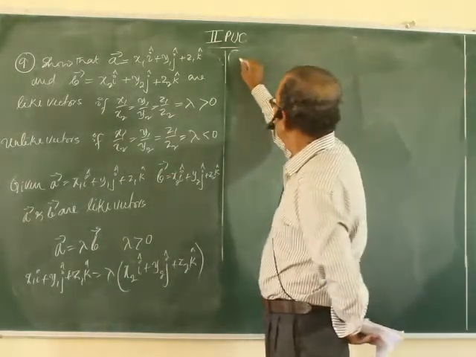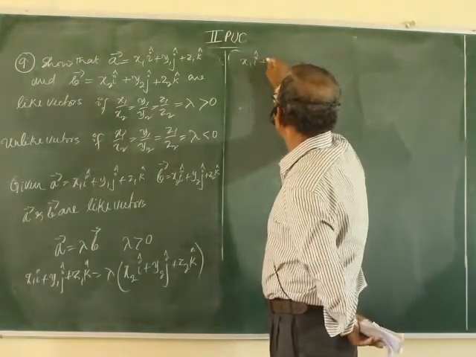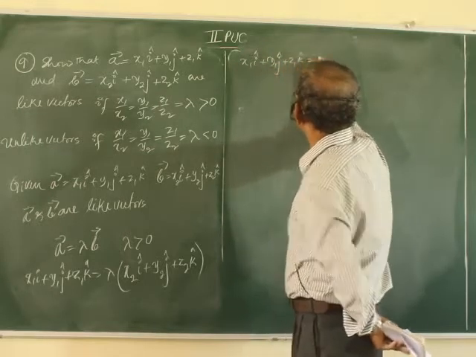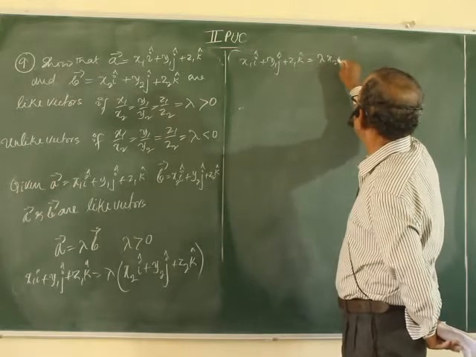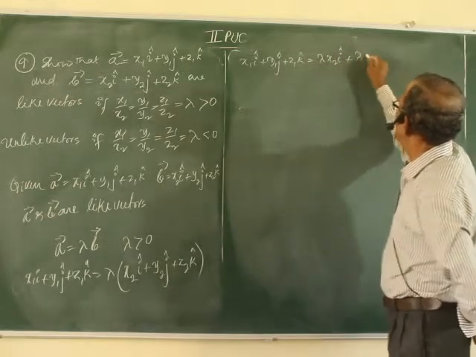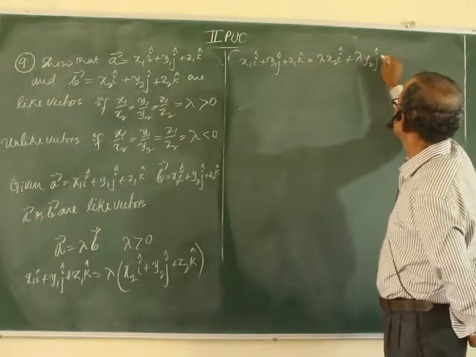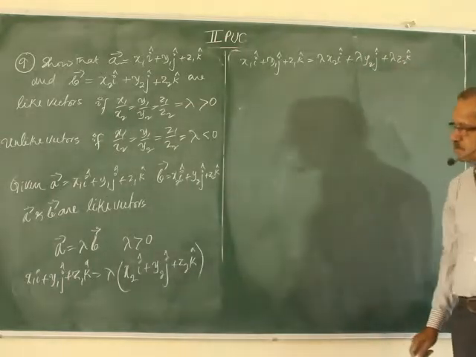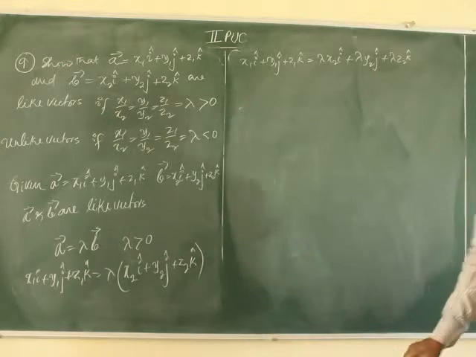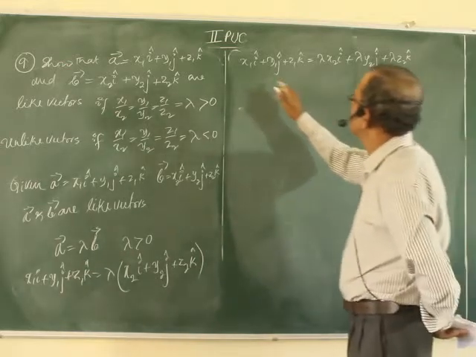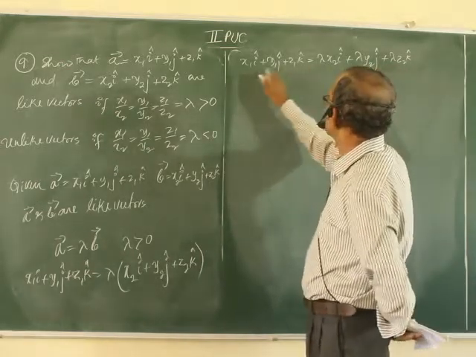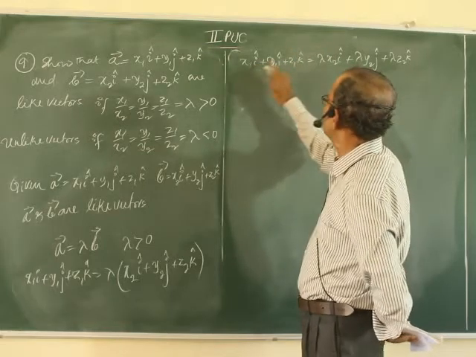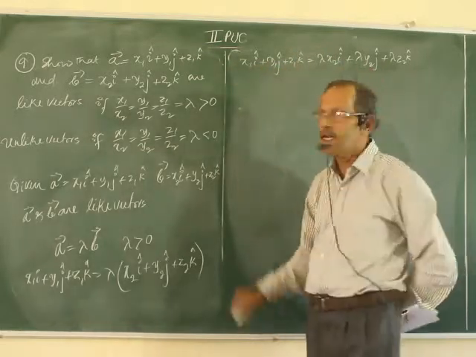Or x1i, y1j, z1k equal to lambda x2i, lambda y2j, lambda z2k. Two vectors are equal means coefficients of corresponding i, j, k are equal.